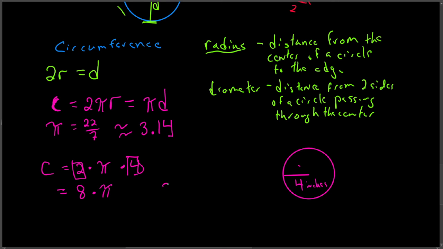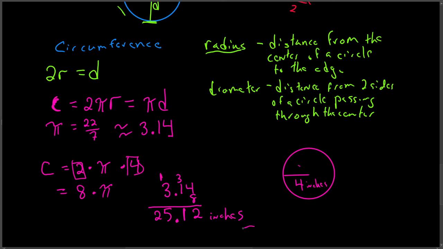And then I can use the approximation for pi to multiply my decimal. I'm going to have 2 decimal places in this particular answer. So 8 times 4 is 32, carry my 3. 8 times 1 plus the 3 is 11, carry my 1. 8 times 3 is 24, plus the 1 is 25, and 2 decimal places. And this is in inches.